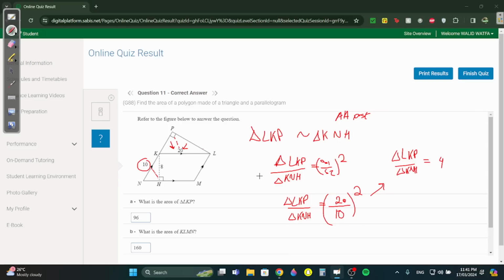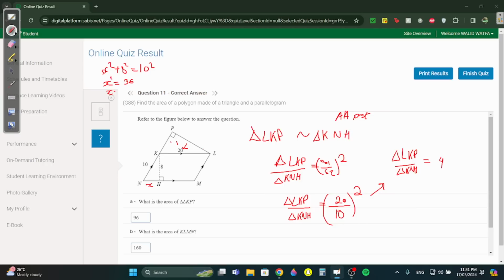Okay, KNH. Can we find the area of KNH? Yes, we can. If this is 10 and this is 8, call this side x. Use Pythagoras theorem: x squared plus 8 squared equals 10 squared. X squared equals 10 squared minus 8 squared, which is 36.